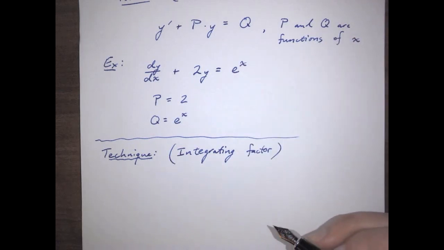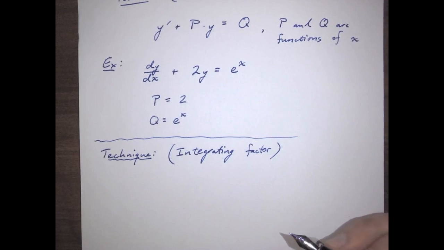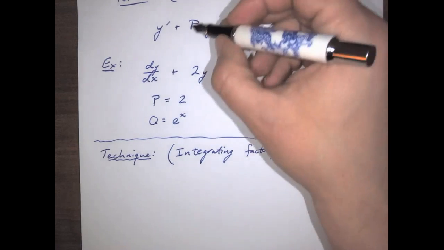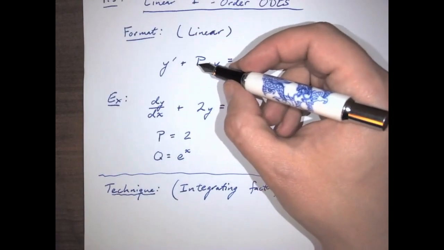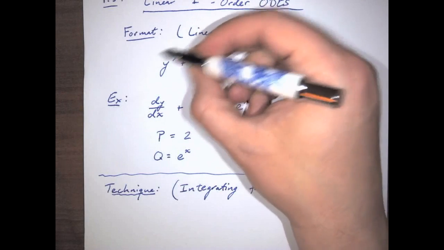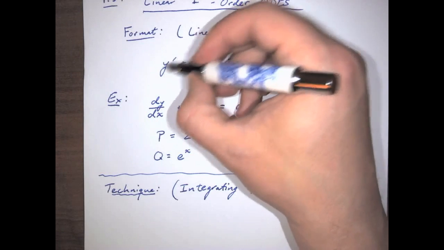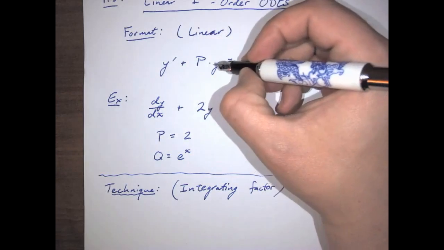But if you look at it hard enough, it bears some resemblance to the product rule. In particular, this is also kind of like the product rule, in that we have a factor times a y, and what we have here is the derivative of just that.